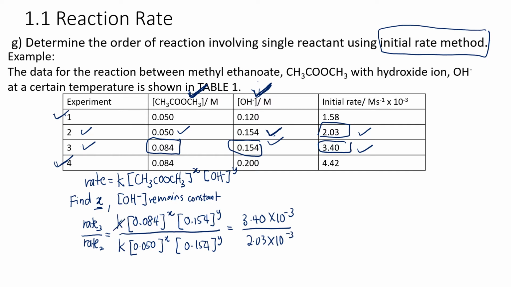So k and k we can eliminate. 0.154 raised to the power of y we can eliminate. Since the powers are the same, 0.084 divided by 0.05 raised to the power of x is equal to 3.4 times 10 to the power of -3 divided by 2.03 times 10 to the power of -3, and that should give us 1.68 to the power of x equal to 1.675.